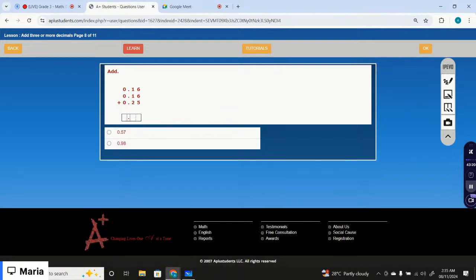The next one is add 0.16 plus 0.16 plus 0.25.